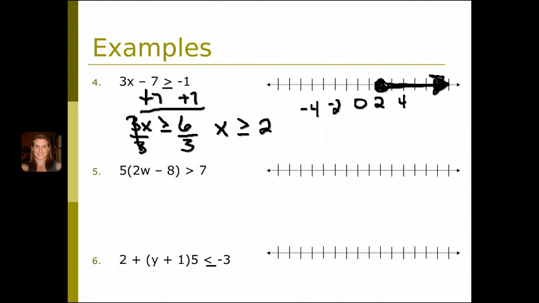Our next example, first thing we need to do is distribute the 5. So we have 10w minus 40 is greater than 7. Add 40 to both sides.